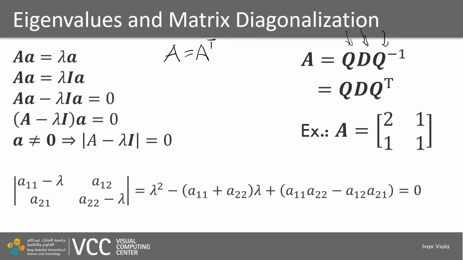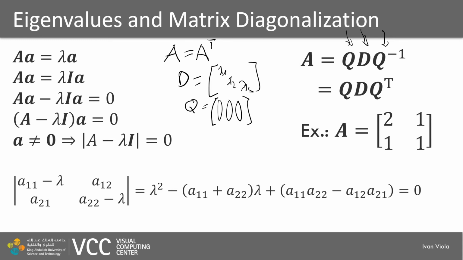So the D matrix will contain the eigenvalues lambdas on the diagonal, so lambda 1, lambda 2, lambda 3 in the three-dimensional case, and the orthogonal matrix will contain 3 or 2 or 4, depending on how many dimensions we are referring to, vectors which are orthonormal to each other. So they are unit vectors and they are orthogonal to each other.